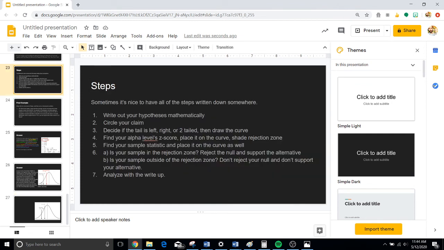So is your sample in the rejection zone? No, it is not. So we can go ahead and skip A. Let's look at B. Is your sample outside of the rejection zone? Yes. So we will not reject our null hypothesis, and not support your alternative. So we're not going to reject the null and we're not going to support the alternative. So let's now go back to what those were.